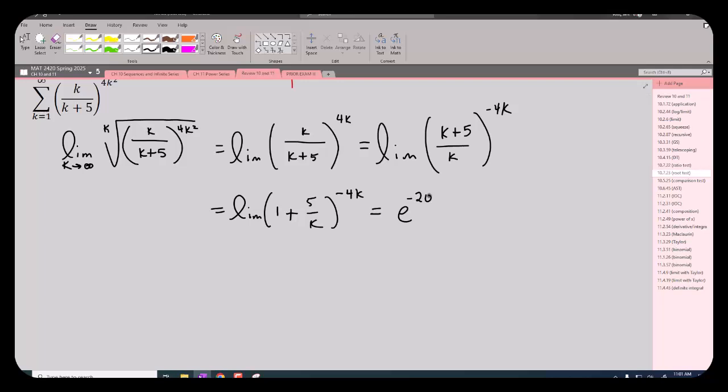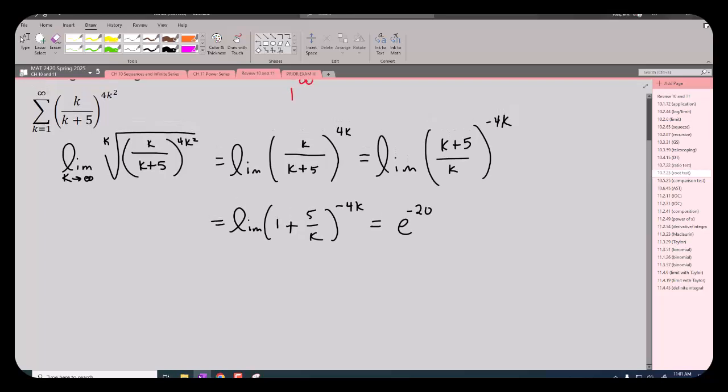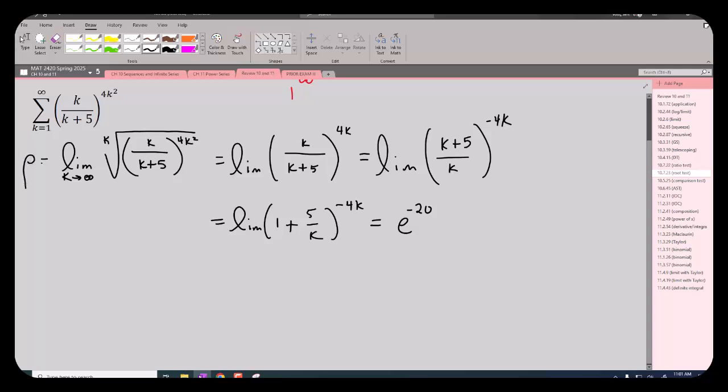So what is our conclusion if we get e to the negative 20? It's going to converge. Do we agree? So this is a root test, which is the same as the ratio test, which is the same as the geometric series. If you get less than 1, and in the root test they call it a rho instead of an R, so if you get a rho value less than 1, therefore we get convergence.